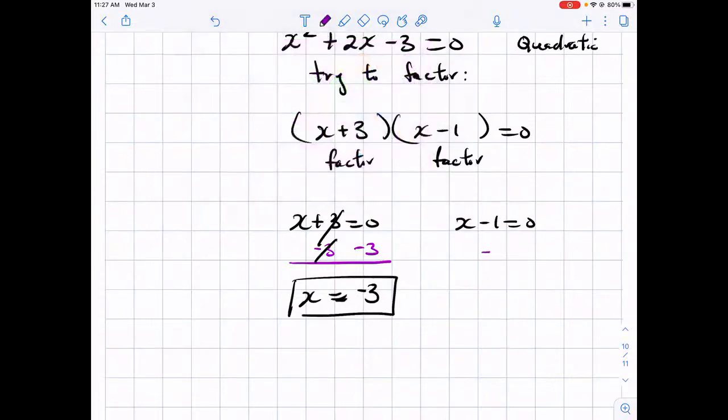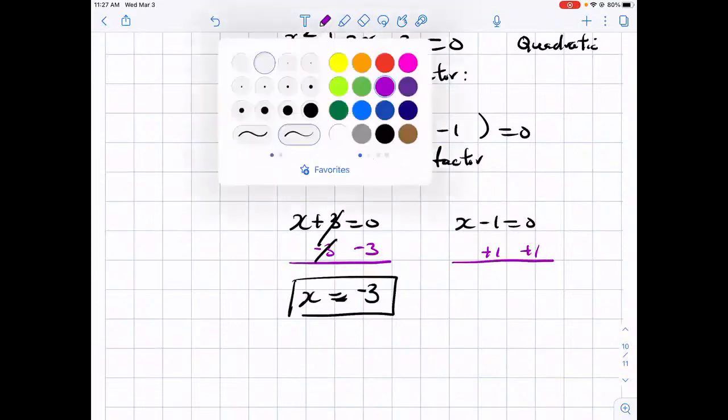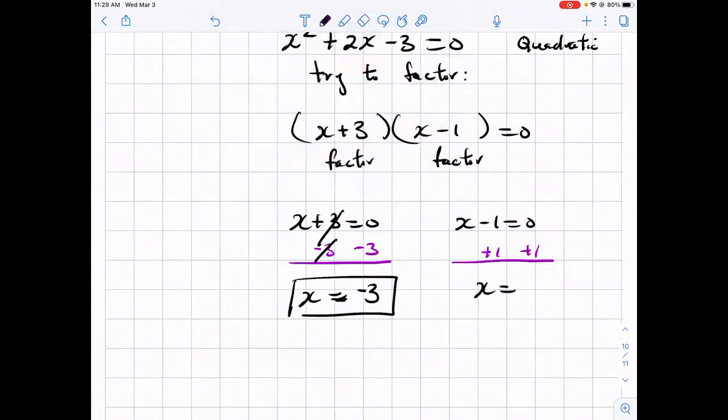Similarly, we add 1 to both sides, and x is equal to 1. So our two answers are x equals negative 3 or x equals 1. Those are my two answers.